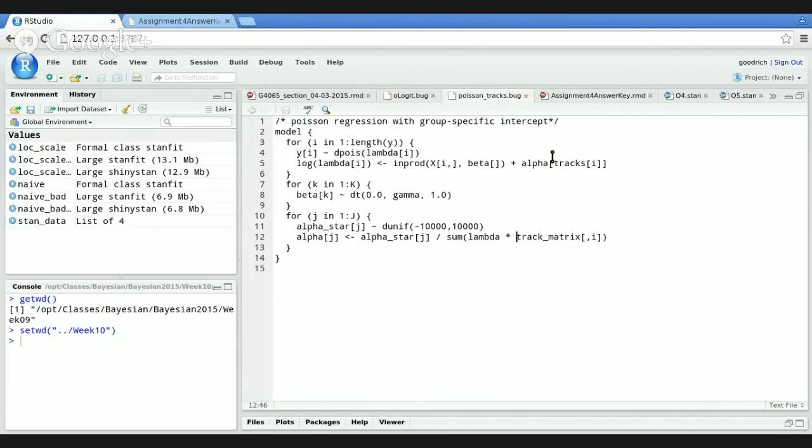If BUGS and JAGS aren't executing code sequentially, I don't understand how it's actually doing that. Yeah, that's a great mystery. Basically, it reads the code but doesn't execute it, makes the directed acyclic graph that corresponds to this model, figures out from the directed acyclic graph what is conditionally independent of what, and then tries to come up with some optimal visiting scheme as to which distributions it's going to sample from.